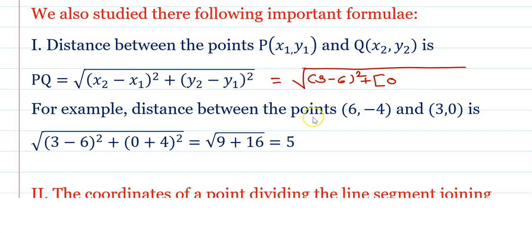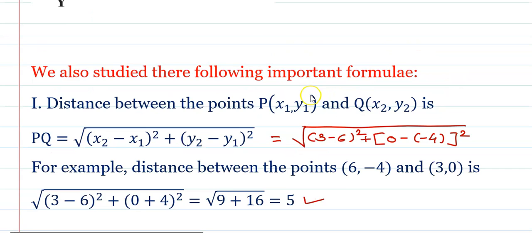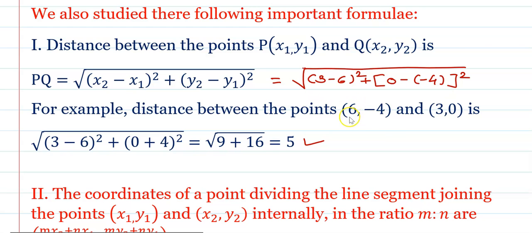Here y2 is 0 but y1 is minus 4, so we have 0 minus (minus 4), squared, and that minus and this minus make plus. Therefore, 0 plus 4, squared, and 3 minus 6 gives minus 3. Minus 3 squared is 9, and 4 squared plus 3 squared equals 25, and the square root of 25 is 5. Therefore, the distance between the two given points is 5.